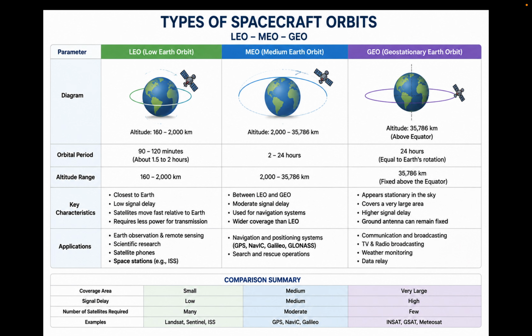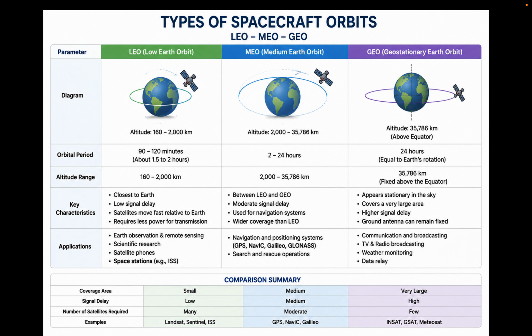And similarly, we have another category of orbits which we call medium Earth orbits, or MEO in short. The altitude of these satellites is from 2000 kilometers to 35,786 kilometers. And the duration of the satellite to revolve around the Earth is from 2 to 24 hours.